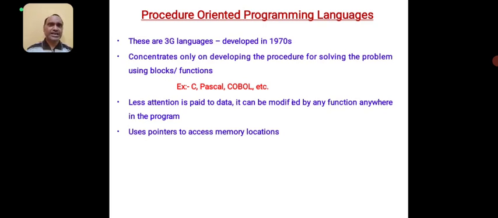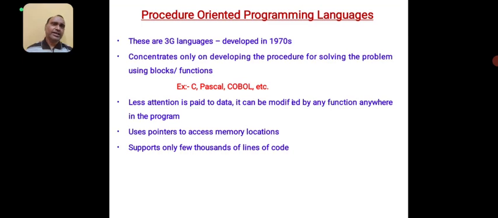So since pointers are not supported by Java, if you are developing any application using Java, the data is highly secure. That is one of the great advantages of the object-oriented programming language. Object-oriented programming languages provide great security to the data, whereas procedure-oriented programming languages least bother about the data.